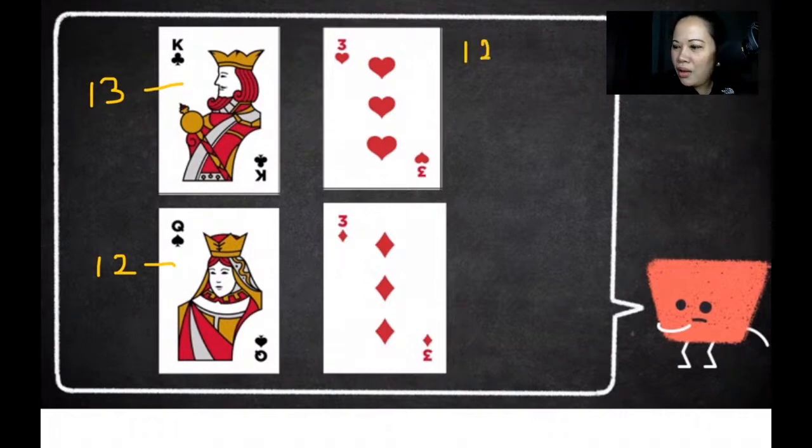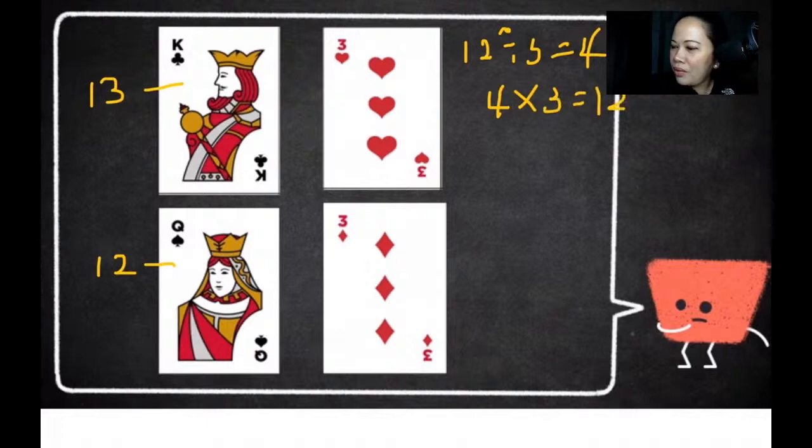All right, 12 divided by 3 is 4. 4 times 3 is 12. Punini, it's 13 and 12.